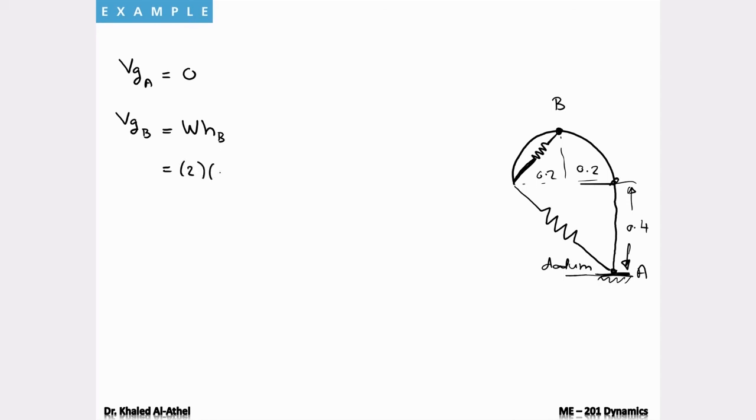The weight has to be mass times the gravity, 9.81, times HB. What is HB? It is 0.4 going from A to this line, and then you have additional 0.2 here, so we end up with 0.6. And this equals 11.772 joules.